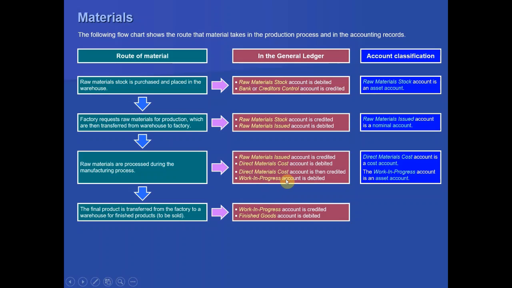We know the last thing that we did is we debited our asset account work in progress. So now there's a debit balance. We need to get rid of some of those debits as we complete the product. Therefore we will have to credit the work in progress asset account and debit our finished goods account, which is also an asset account.